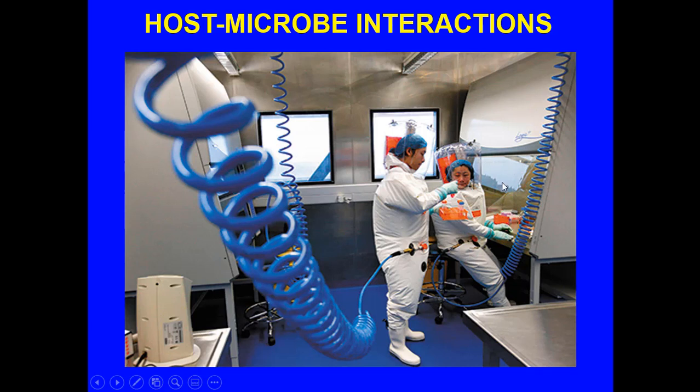Here is a biosafety hood. The air is connected by this coil in such a way that an organism could not even get inside the suit if there was a small leak. If there was a small leak, air would evacuate out, not allowing anything to get inside the person's suit. Notice that the suit is pretty much integral across the entire person.